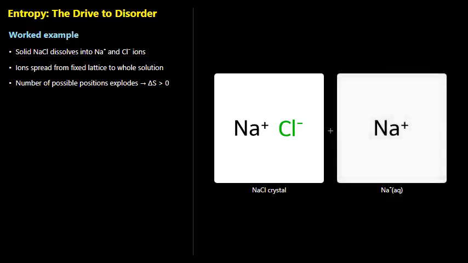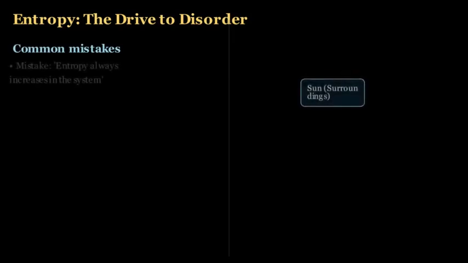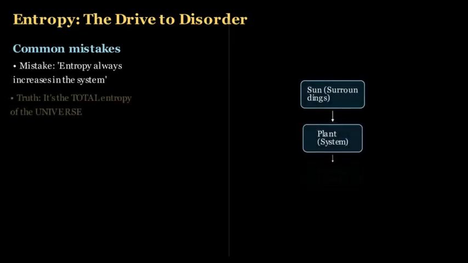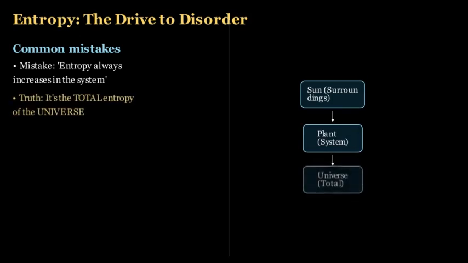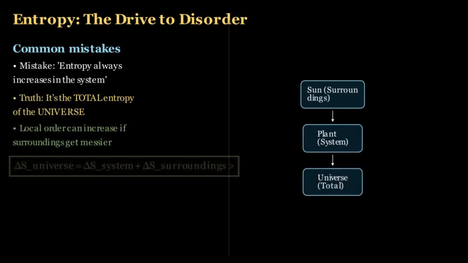The biggest mistake is thinking the second law says entropy must always increase in the system you're looking at. It doesn't. It says the total entropy of the universe, the system plus the surroundings, must increase. This is crucial. A growing plant looks like it's creating order from disorder, building complex structures.